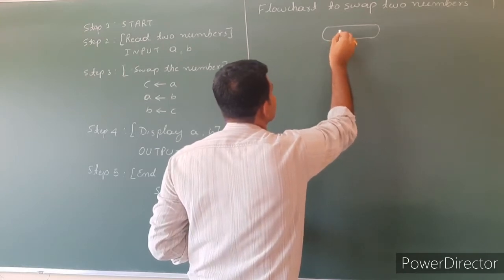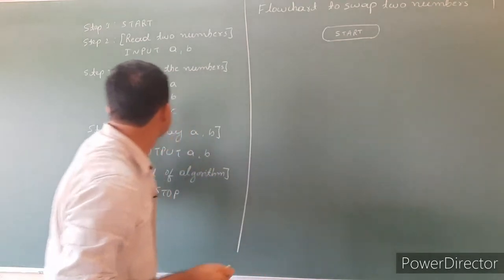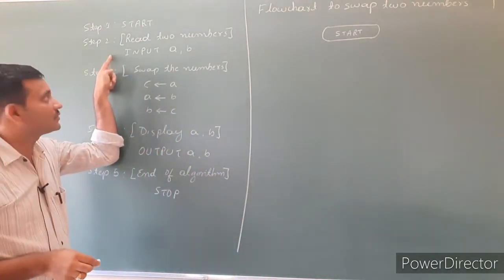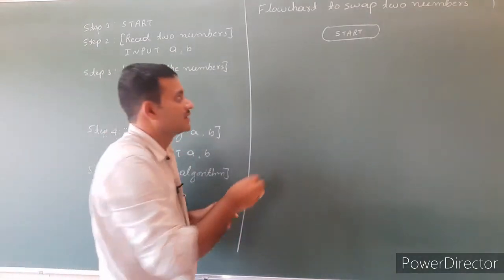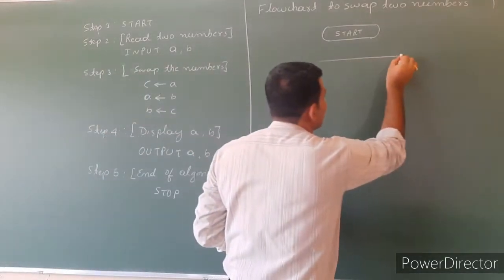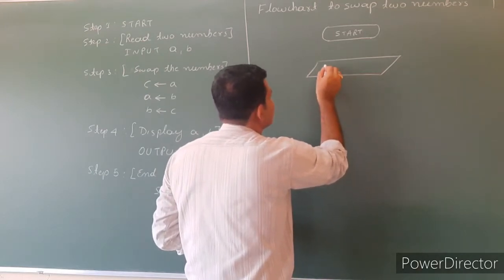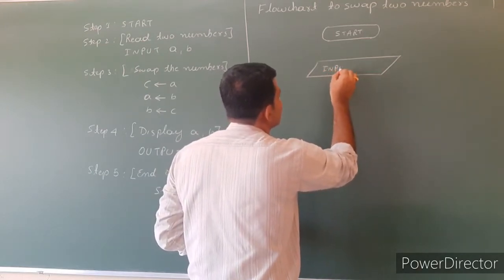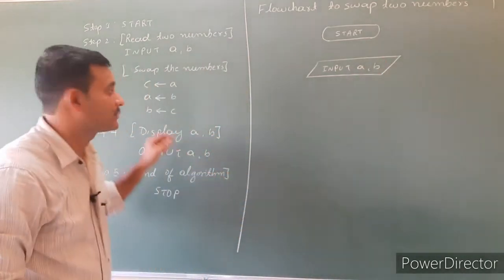Inside the oval write start. Okay, next step. See the next step number 2. Here it is input a b. Input is represented with a parallelogram. Write the parallelogram. Inside the parallelogram write input a b.